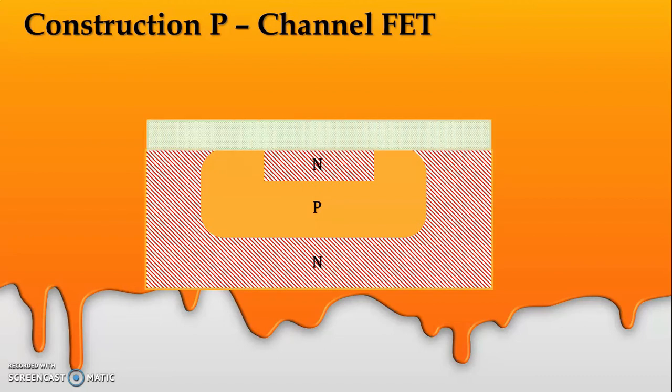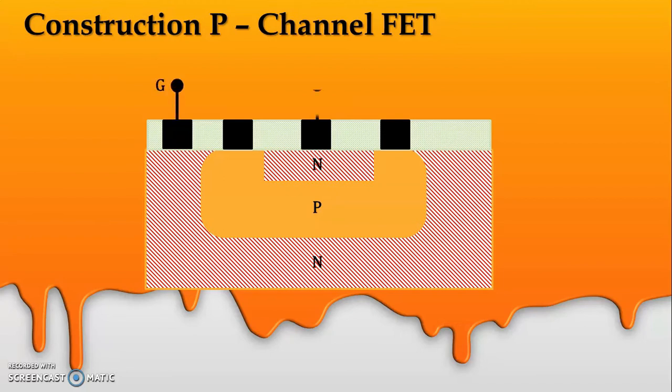A layer of silicon dioxide is deposited, and terminals are taken from the N-type as well as from the P-type semiconductor material.